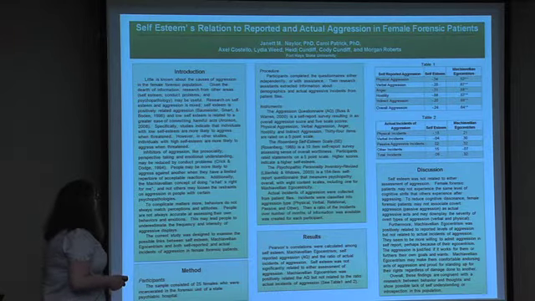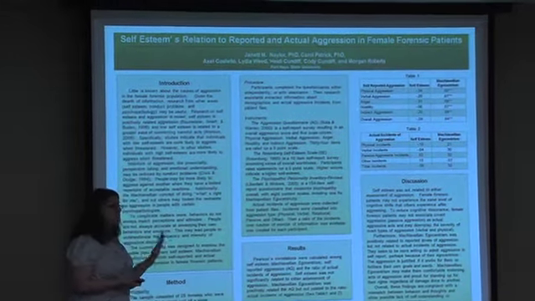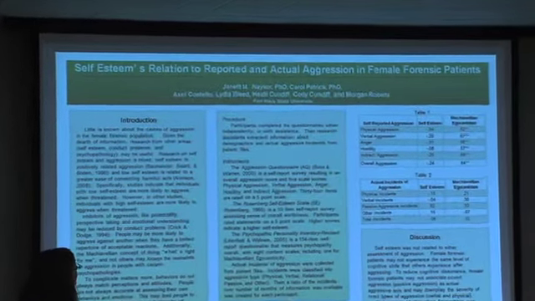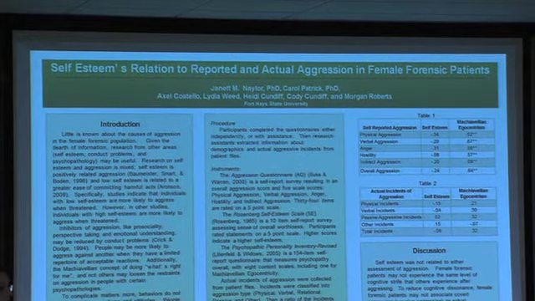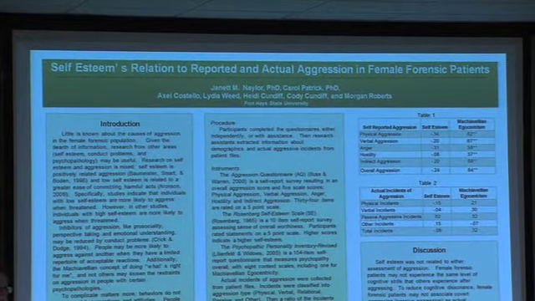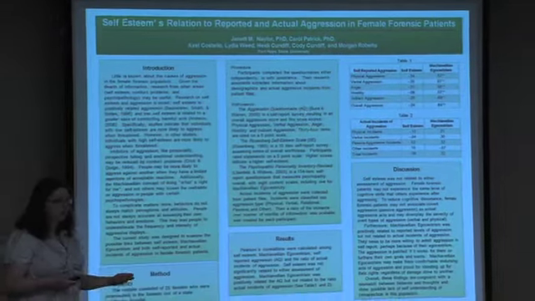This one then is the relationship, kind of linking back to one of the first projects, as we look at self-esteem and aggression levels. And what we were interested in is incident reports when they were at a facility. They record every time a person does something that they see as remotely aggressive.